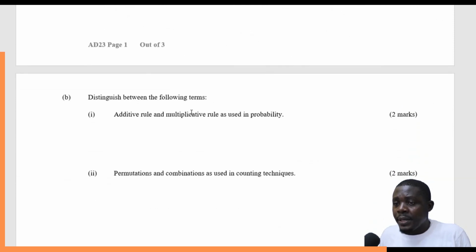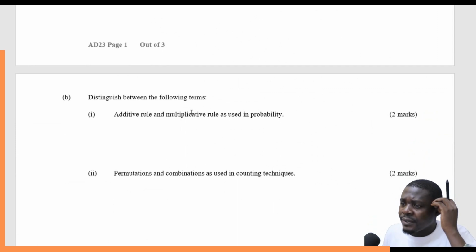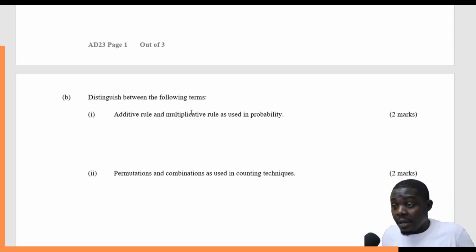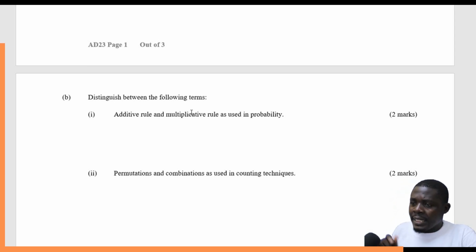Correct. Now part B, distinguish between the following terms: additive rule and multiplicative rule as used in probability, then permutations and combinations as used in counting techniques. Let's start with the additive rule, or adding.